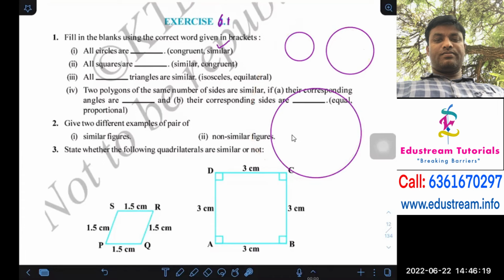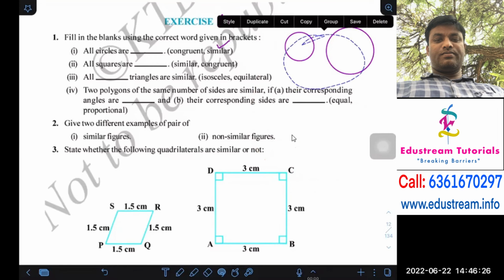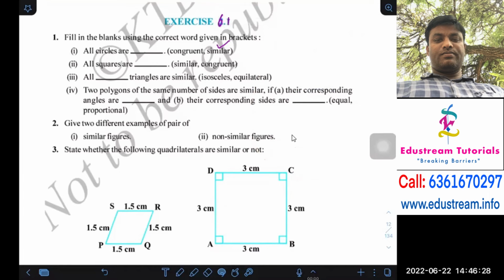They are not congruent, because they have different sizes. So any set of circles are similar, not congruent. To be congruent they should have the same radii. So the answer is similar.